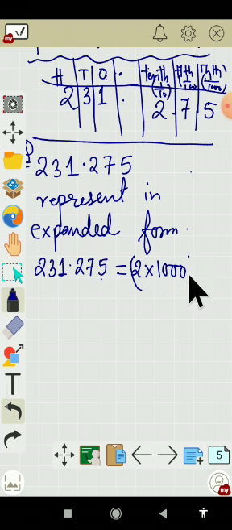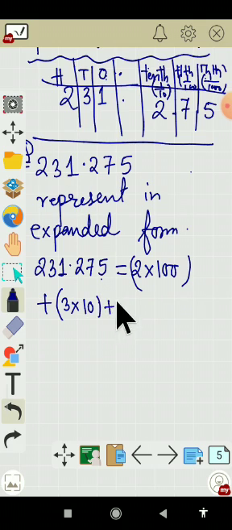So here 2 into 100, because our number 2 is in the hundreds place. So 2 into 100 plus 3 into 10 plus 1 into 1.